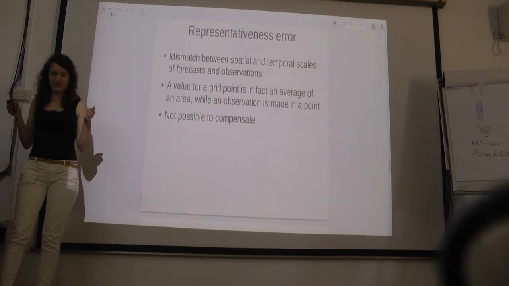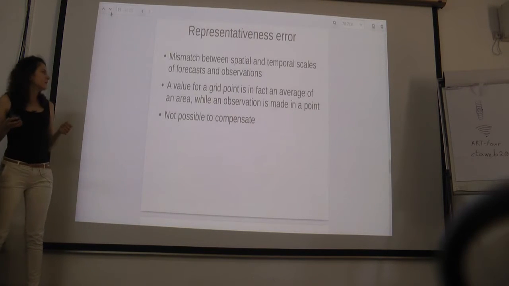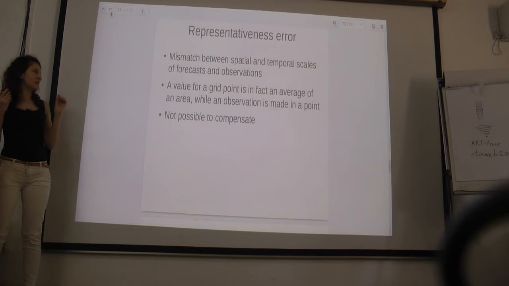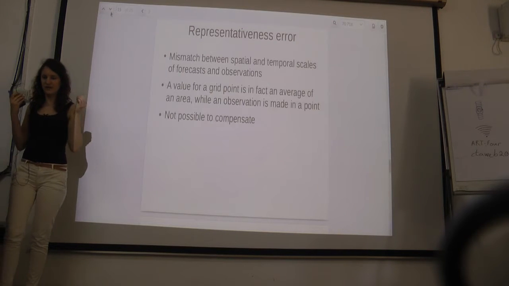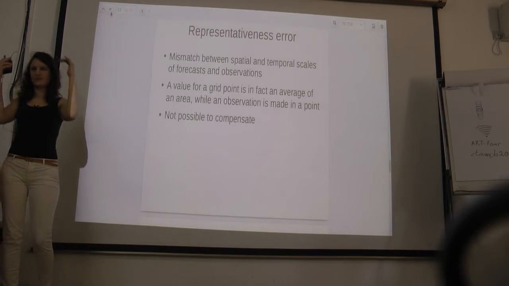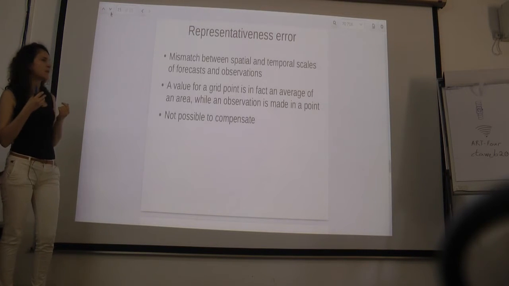In your area forecast, your value for each grid point is in fact an average over an area of the size of your resolution. So the value for the point could be true for any of the locations in the area of the size of your 3 kilometers or whatever your resolution is.